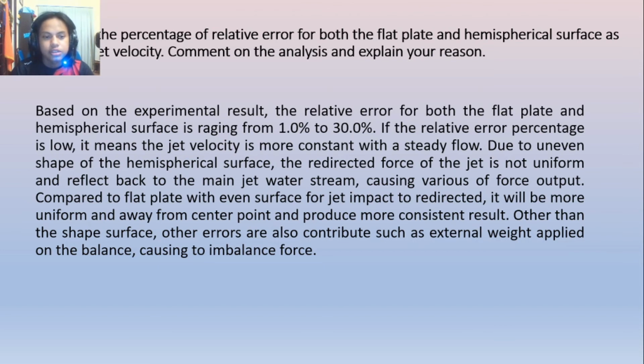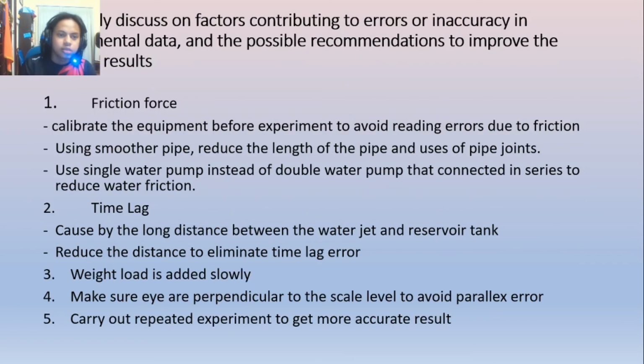Due to the uneven shape of the hemispherical surface, the redirected force of the jet is not uniform and is reflected back to the main jet water stream, causing variance of force output. Compared to flat plate with even surface, the jet impact is redirected more uniformly and away from the center point, and produces more consistent results. Other than the shape of the surface, other errors also contribute, such as external weight applied on the balance, causing imbalance force.